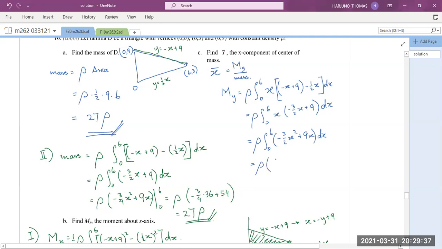So that will be 2, 3. So that's negative 1/2 x cubed plus 9 over 2x squared from 0 to 6. Negative 108 plus, what is 18 times 9? 81, 162.